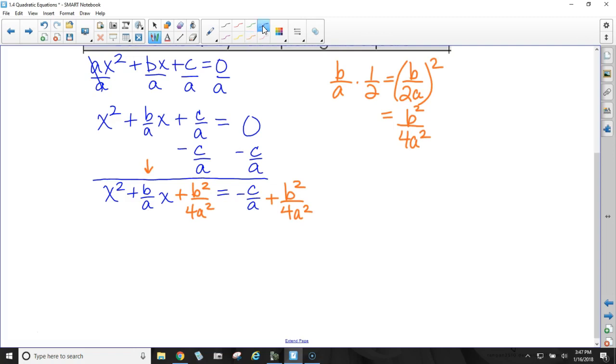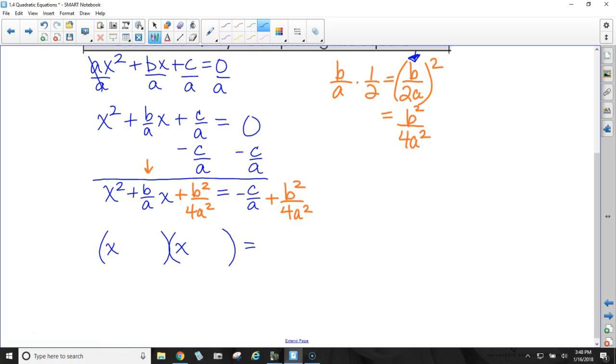Now, we should be able to factor on the left-hand side, just as we did in the last example, and then we'll combine those fractions on the right-hand side in just a minute. Now, when we're factoring, first times first is going to multiply together to give us x squared. Then we're looking for the two numbers that multiply together to give us b squared over 4a squared and add to give us b over a. Remember your shortcut. It's going to be right after you took half of the coefficient of x, but before you squared it.